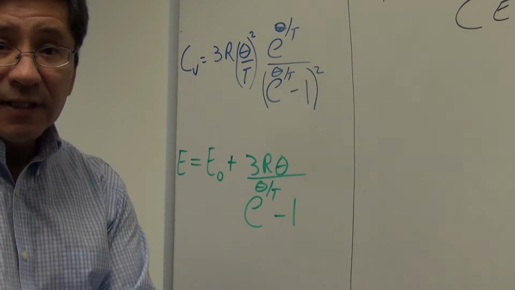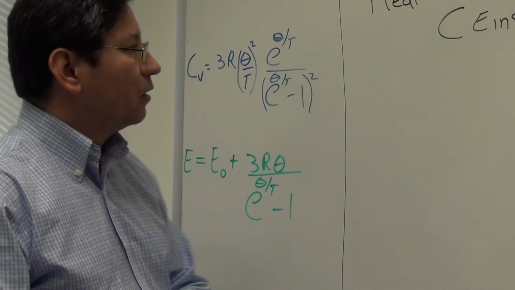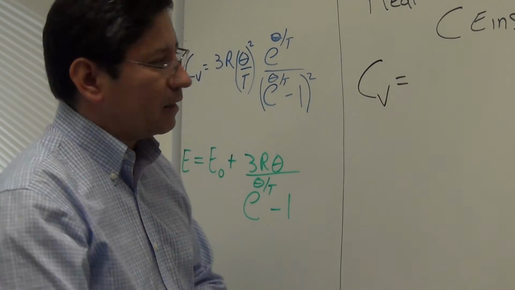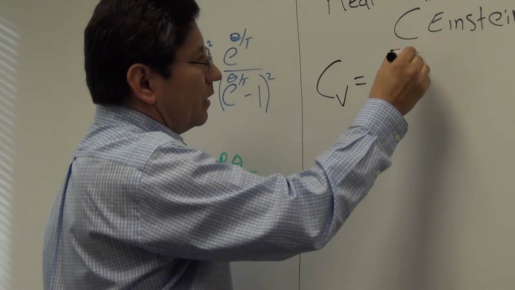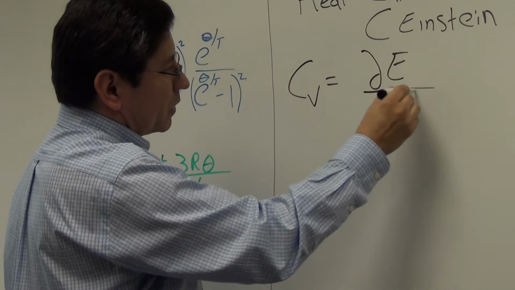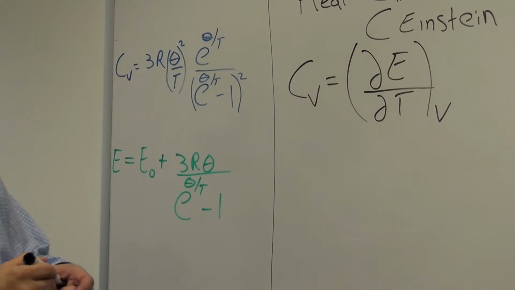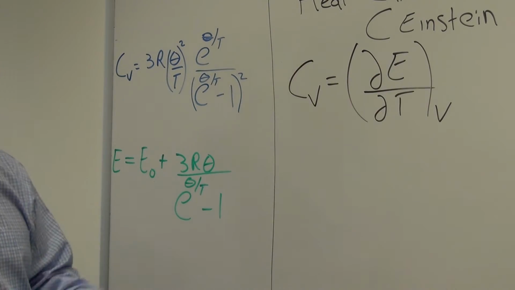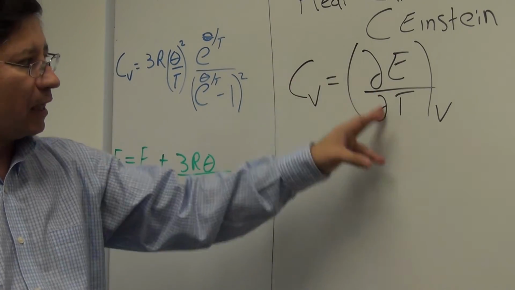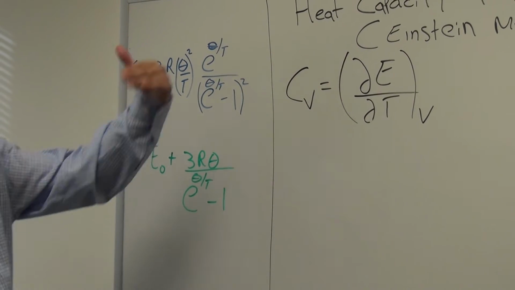Well, from this class and previous classes that you have taken in thermodynamics, you learned that the heat capacity at constant volume is defined as the derivative of the internal energy with respect to temperature at constant volume, right? So what do we need? We need an expression for the energy, and if that energy expression contains dependence on temperature, then we have a way to calculate the heat capacity via this approach.